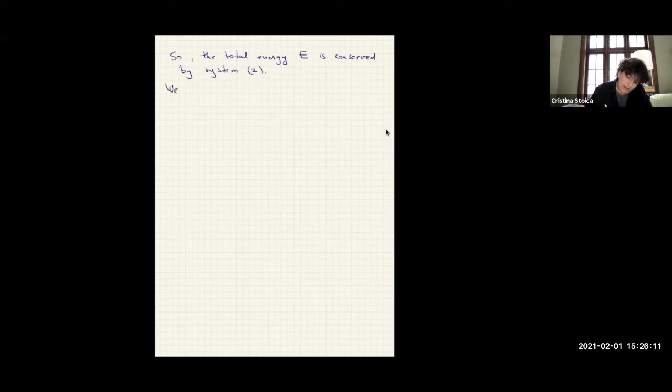We also say that this function E of x and v, which was defined as 1 over 2 m v squared plus 1 over 2 k x squared, is an integral of motion for system 2.